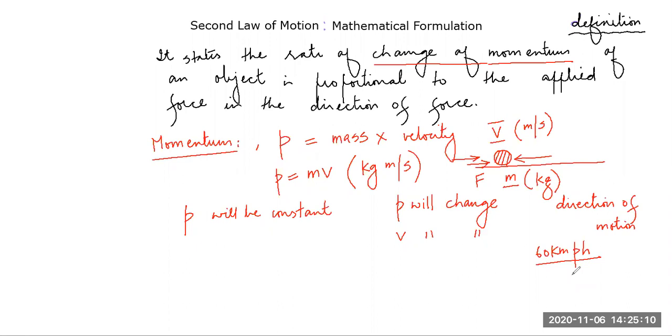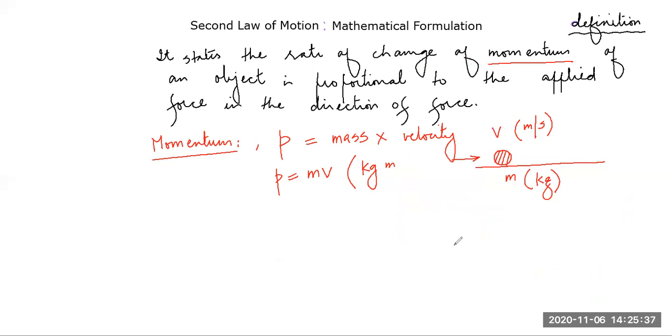So the velocity changes from 60 to 80 kilometer per hour. When the velocity changes, the momentum will also change, because momentum is equal to mass into velocity, right? Okay, now students, I have explained you all this.